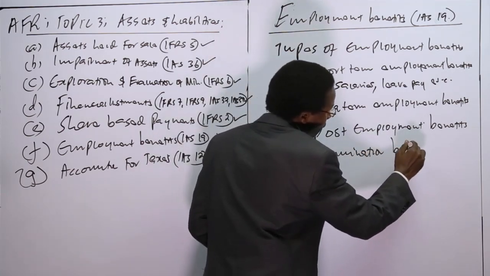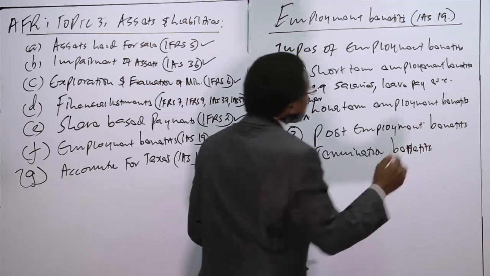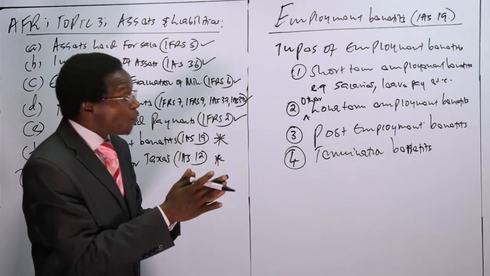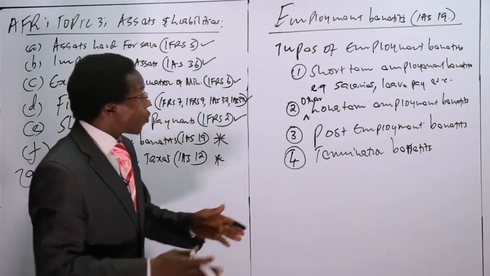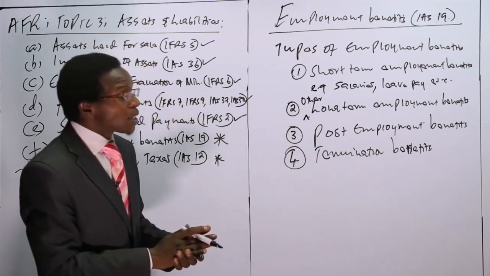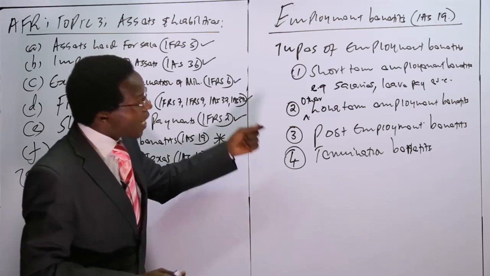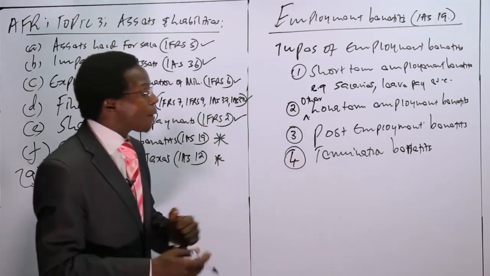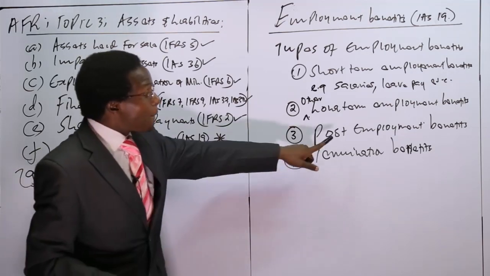Termination benefits. When it comes to short-term employment benefits, there are those that fall within the 12 months. When you talk about other long-term employment benefits, it is any other employment benefit that does not fall as a post-employment benefit.